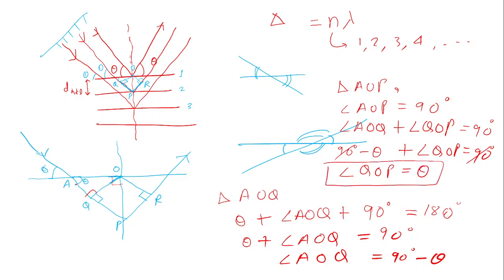That means this angle QOP is theta as well. I did these small two-three steps just to tell you that this angle is theta. The X-ray which is incident is making angle theta. This is theta, this is theta, also this is theta.